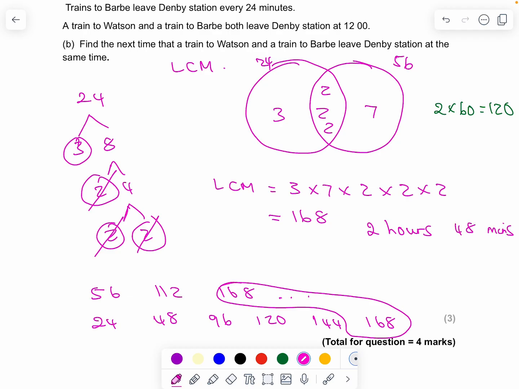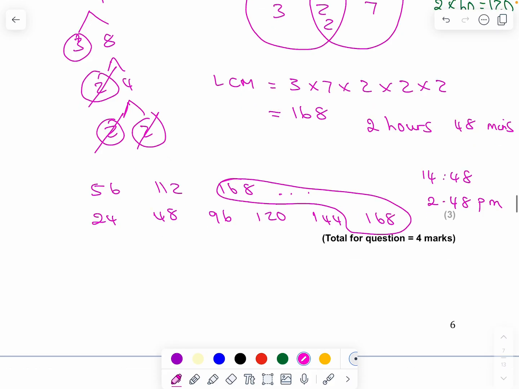Okay, so I add that on to 12 o'clock, which gives me a time of 14:48. Or you could have written 2:48 p.m. Either one will get you the full marks.